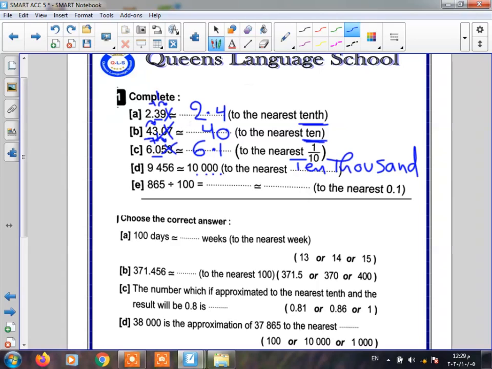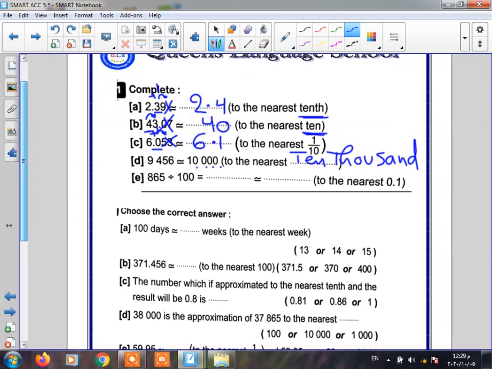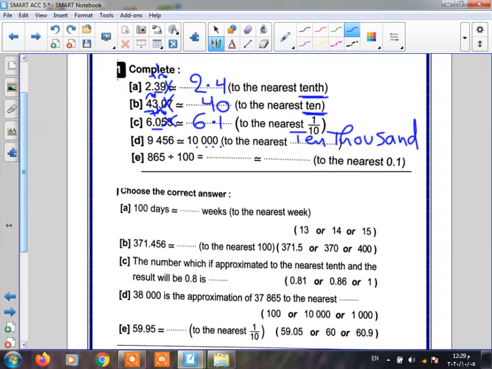Okay, let's see here, 865 divided by 100. As we said before, here I can put the point and move to the left just 2 places. So the result will be 8.65. Then approximate to the nearest 0.1.